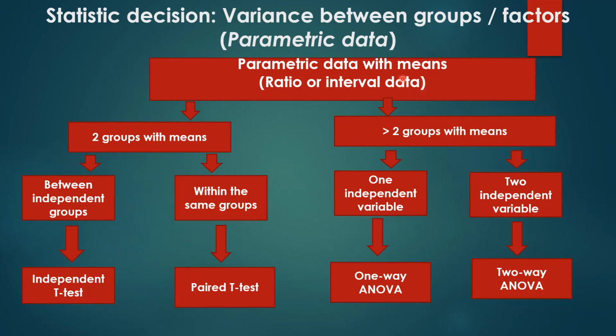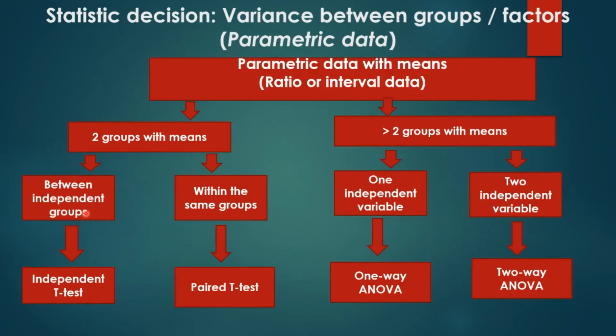use parametric data analysis. Okay, so if we have two groups of the independent variable, then we can calculate differences between the two groups. Sometimes we have two groups which are independent groups.